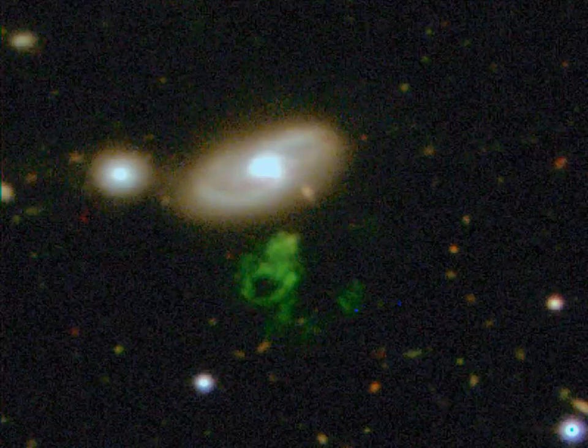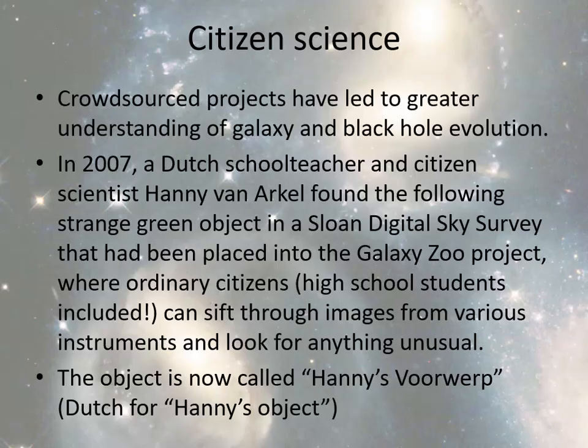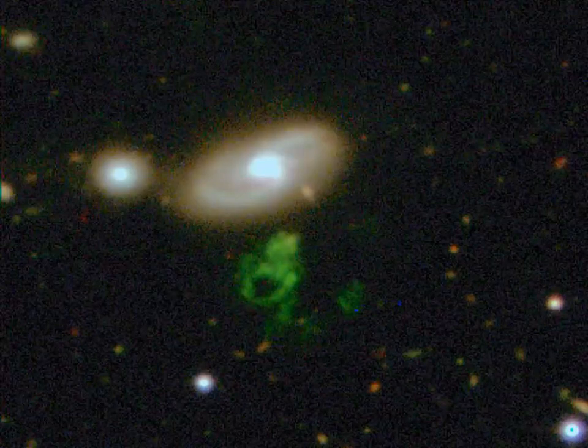Well, when this Dutch school teacher, Hanny van Arkel, found this object, it's like, okay, fine, you have a nice spiral lenticular galaxy, but I don't care about the spiral lenticular galaxy. What in the world is this green running man thing holding some bottle of I don't know what down here?